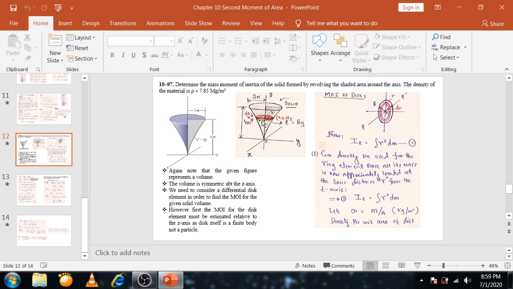Then you just need to know that the moment of inertia of the disk element about the axis of symmetry of this given solid, that happens to be the axis of symmetry of this disk element as well, because it is passing through its center.